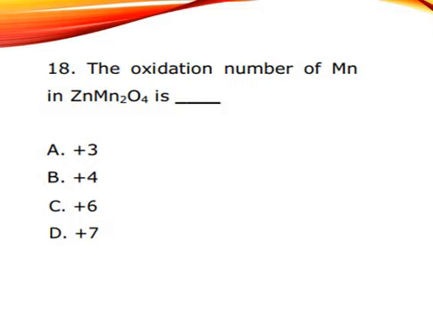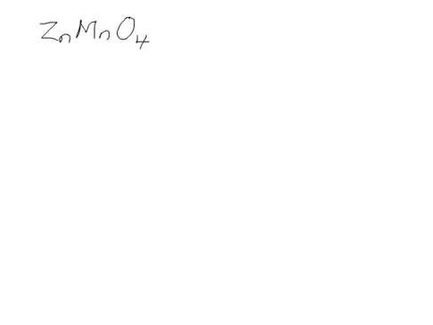Then question 18 says, the oxidation number of manganese in this compound is dash. So here we're going to do a quick calculation. You have this as your compound and it's neutral. So for you to find the oxidation number of manganese, you substitute the oxidation numbers of zinc and oxygen, equate them to 0 since it's a neutral compound, and you find your manganese. You can represent your manganese with M. The oxidation number of oxygen is -2 and the oxidation number of zinc is +2.